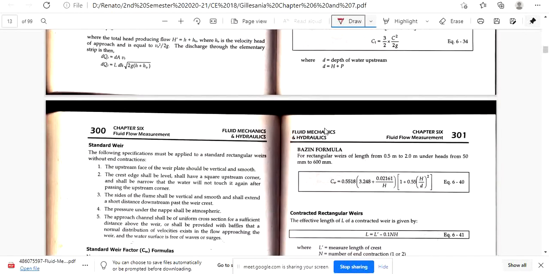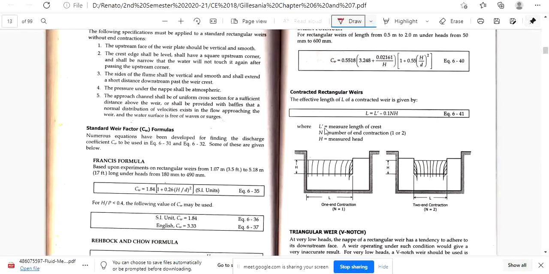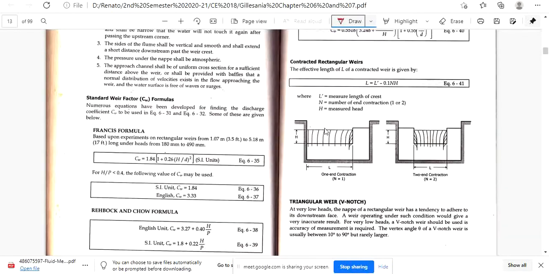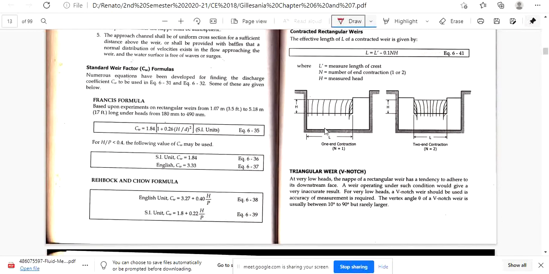Okay, so that is the formula for the contracted wear. The standard wear factor CW comes from the Francis formula, the Rehbock formula, and the Bazin formula. The Francis formula has the equation 1.84 times 1 plus 0.26 (h over p) squared, if h over p is less than 0.4.